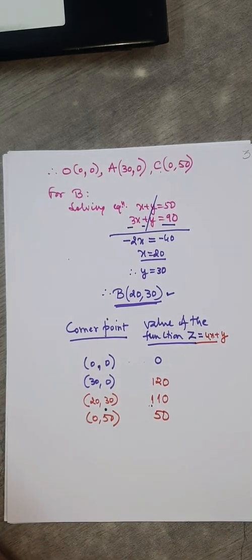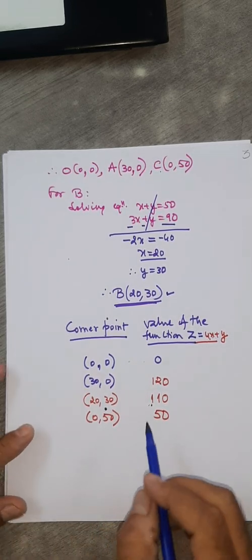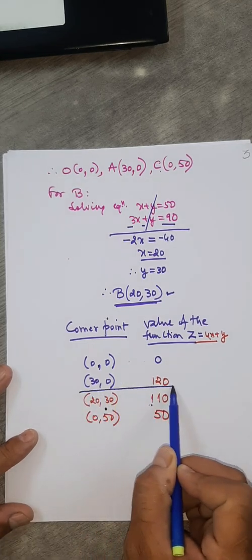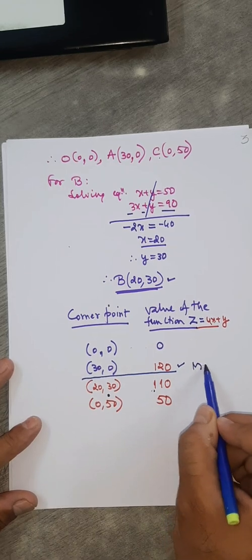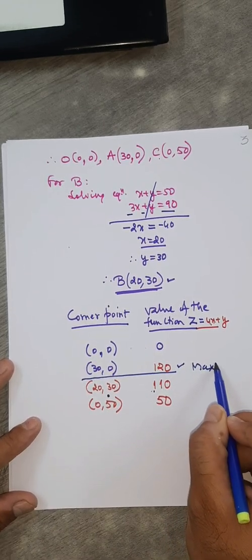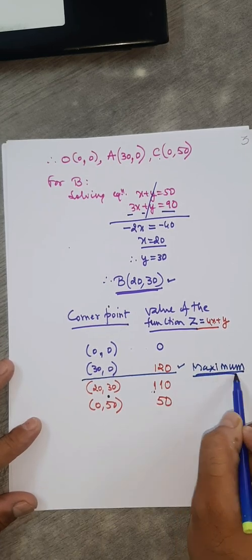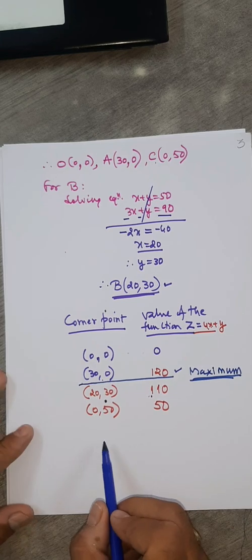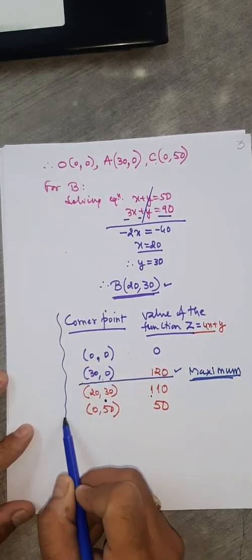Now there's a theorem that says that the function attains maximum or minimum value at corner points. So where does the function have its maximum value? Over here. This is the maximum value of the function, and it attains the maximum value at the corner point 30, 0. That's all in all about the solution. You can write it in the form of a table here.